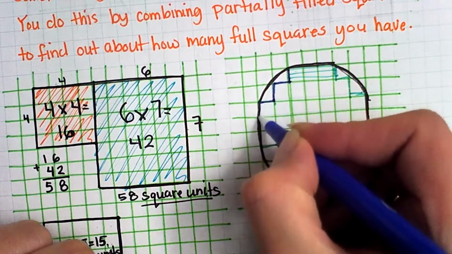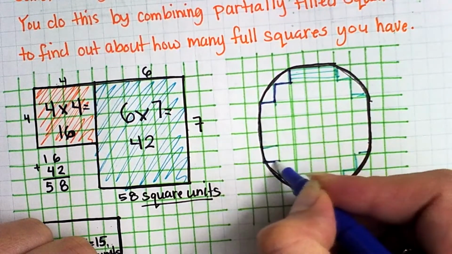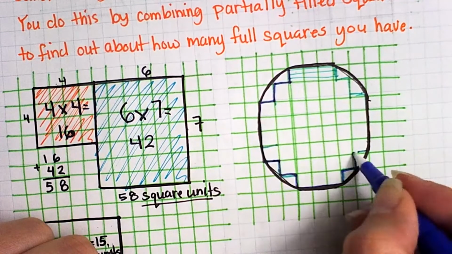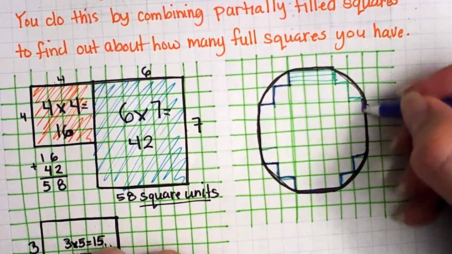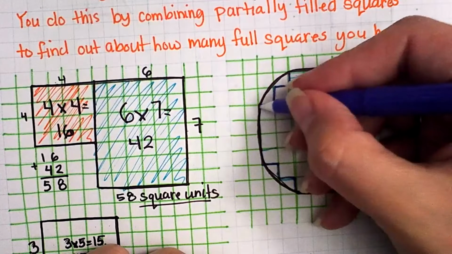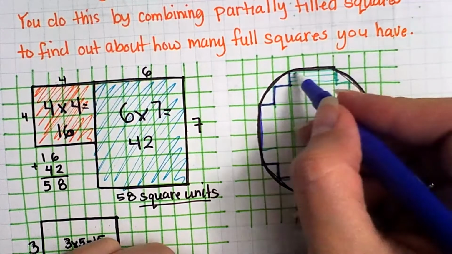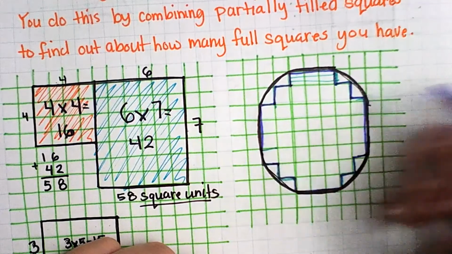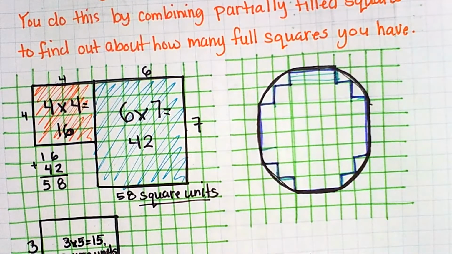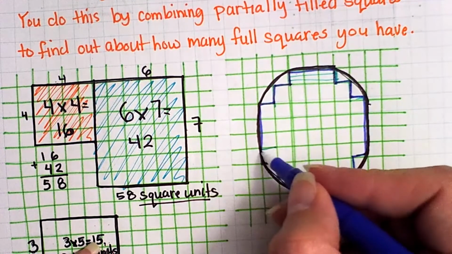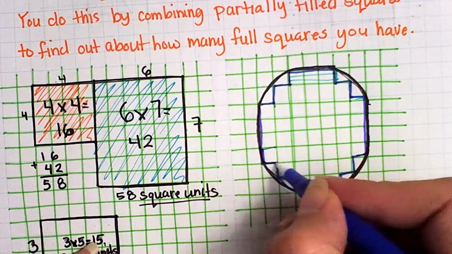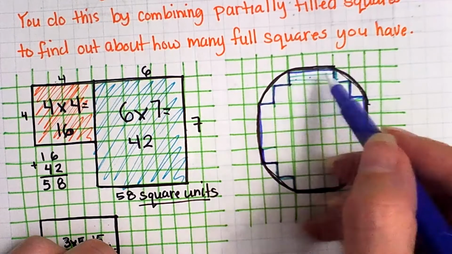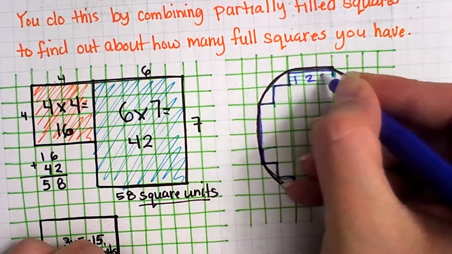So I'm kind of just tracing out all of the parts that are pretty much full squares. Okay. So all of those ones inside here, these are all full squares or mostly full squares. Remember, we're estimating. So we have 1, 2, 3. So let's do what they said in the video and let's try numbering.